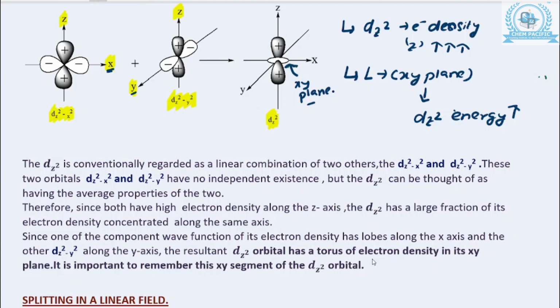So basically dz square is a linear combination of dz square minus x square and dz square minus y square. And even though these two orbitals have no independent existence, dz square can be thought of as having the average properties of both.